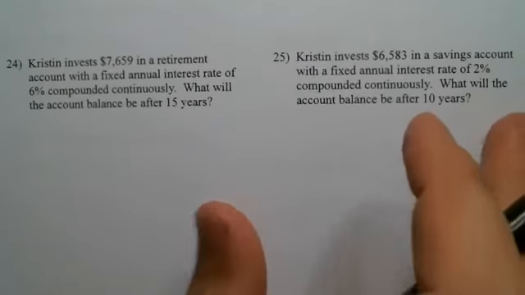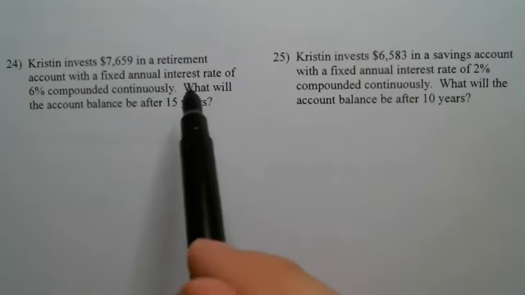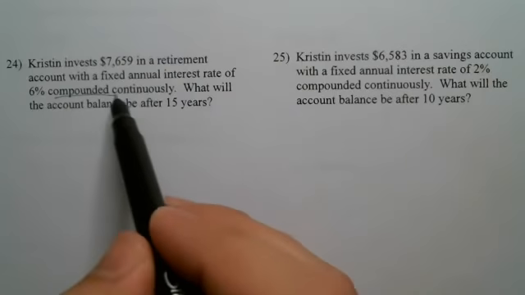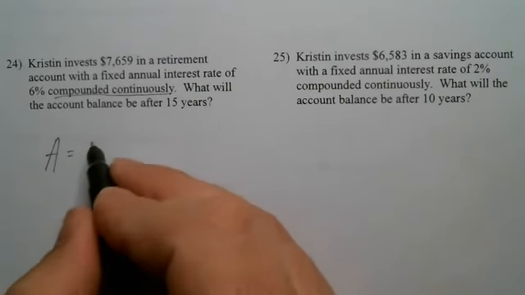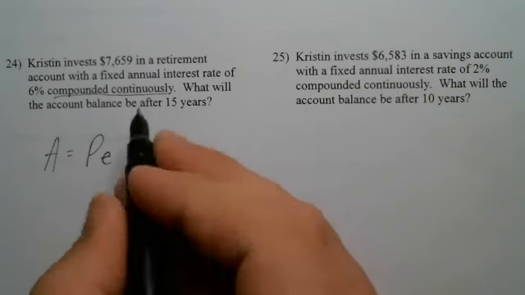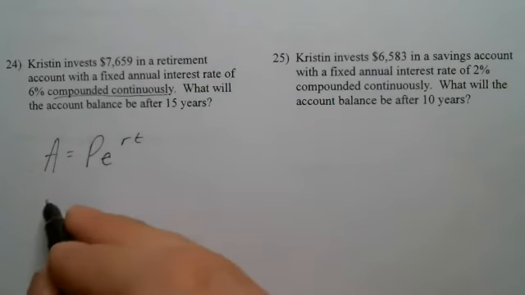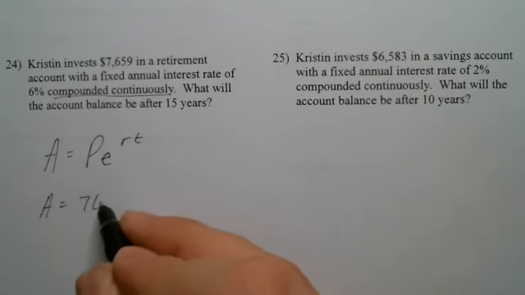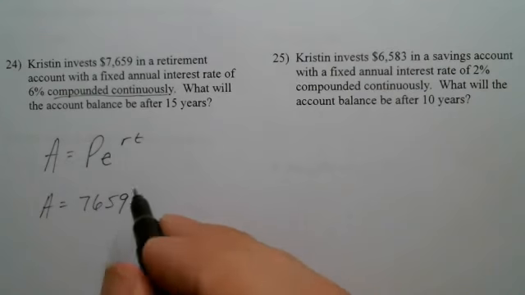All right, Kristen invests $7,659 into a retirement account with a fixed annual interest rate of 6%, but it's compounded continuously. The formula for that is amount equals P, the principal, times e to the rt power. So her principal is 7,659 times e, which is a number in the calculator.